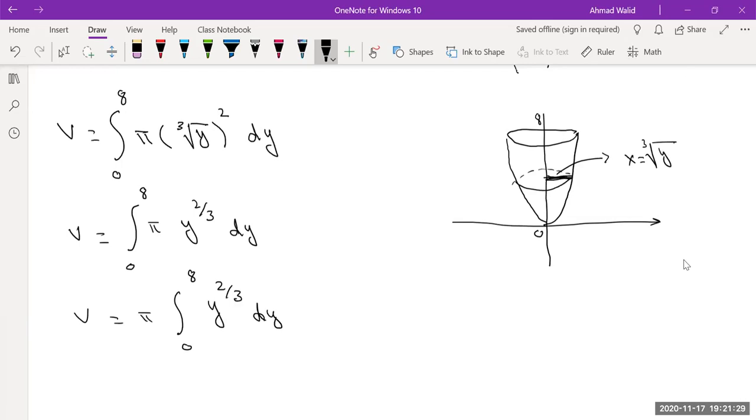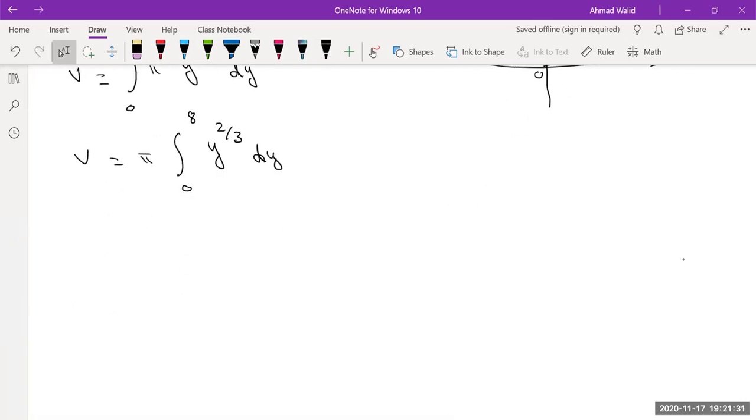Now, finding the integral, you have to add 1 to the exponent and divide by the new exponent, right? It means V equals pi times, add 1 to the exponent, 1 plus 2 over 3, which gives you 5 over 3, right?